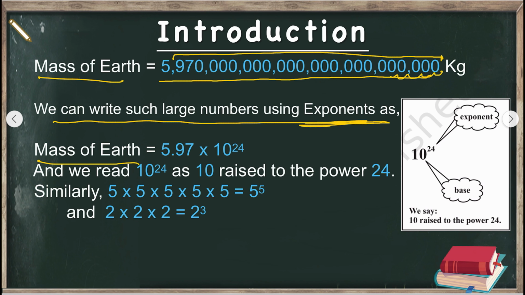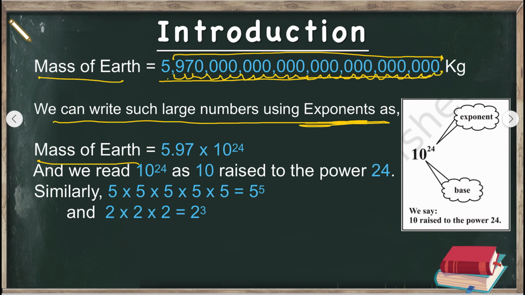In doing so, we count the number of places we are moving the decimal. That is, we are moving it 1 2 3 4 5 6 7 8 9 10 11 12 13 14 15 16 17 18 19 20 21 22 23 and 24. So we are moving this decimal from the last place to just after the first digit, which means we have to move the decimal 24 places.